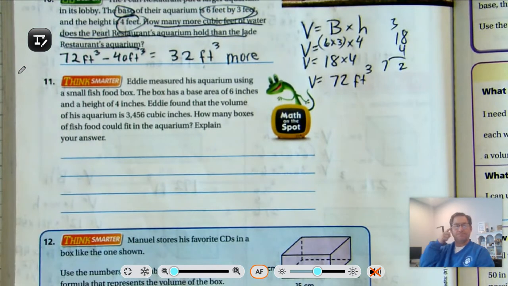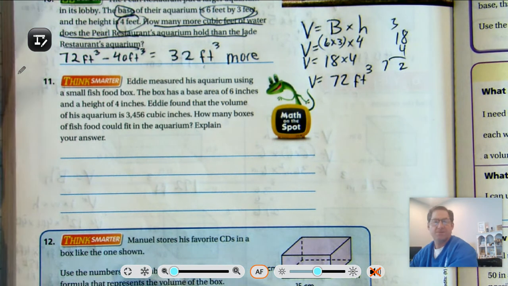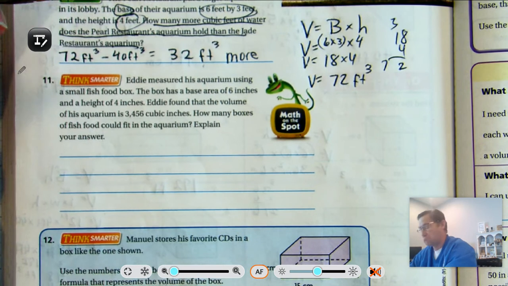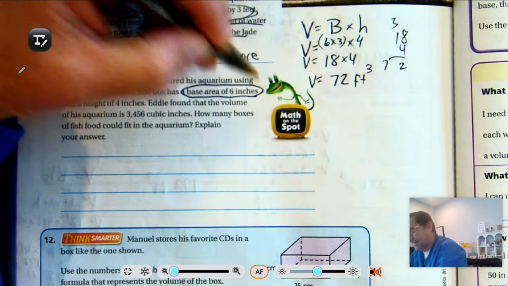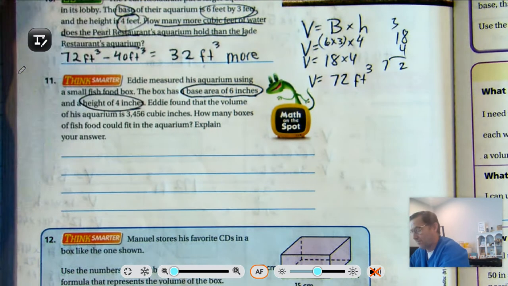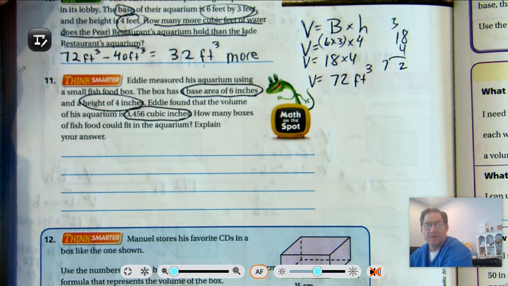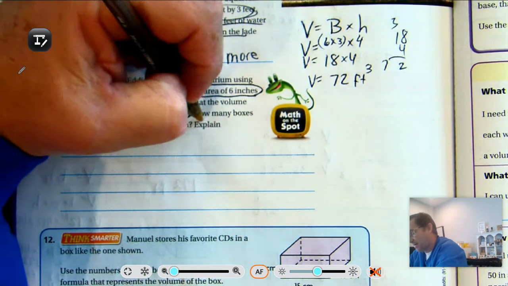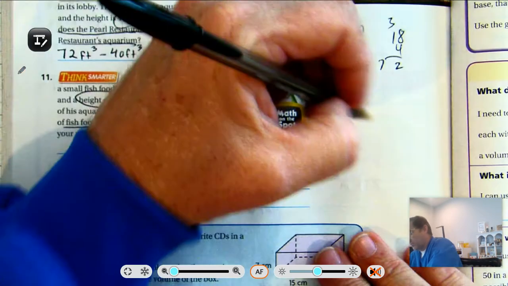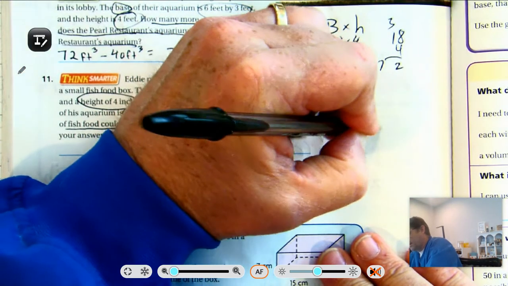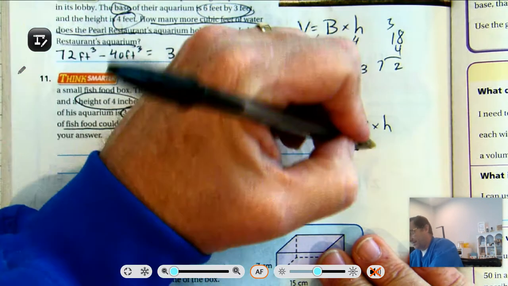All right, number 11. Eddie measured his aquarium using a small fish food box. The box has a base area of 6 and a height of 4. Eddie found that the volume of his aquarium is 3,456 cubic inches. How many boxes of fish food could fit in the aquarium? All right, so again, volume equals base times height. They tell us the base is 6 and the height of the box is 4.